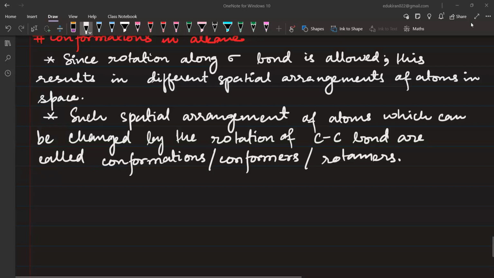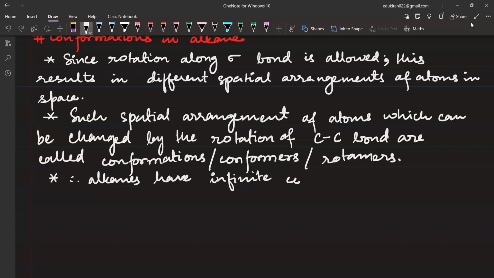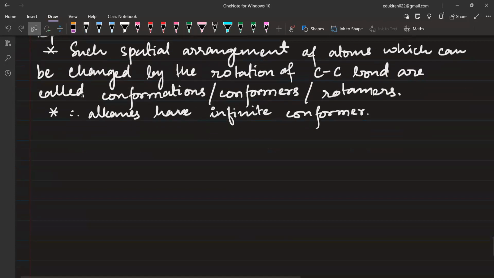I was saying that since we can have infinite number of conformers, because slowly you can rotate n number of times around. So therefore alkanes have infinite conformers. Now to view these particular conformers, we are going to take the case of ethane. Okay? So you write here conformers of ethane.